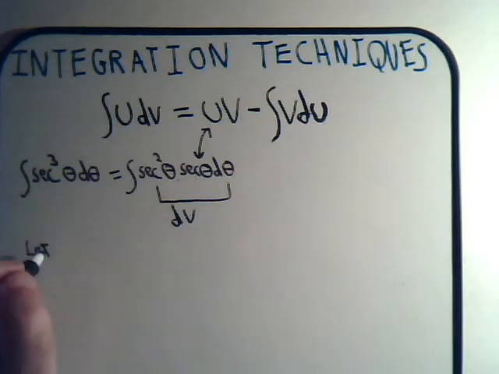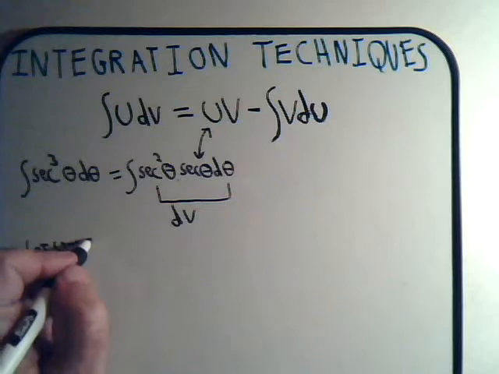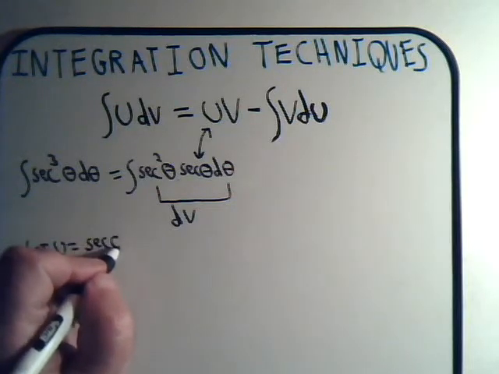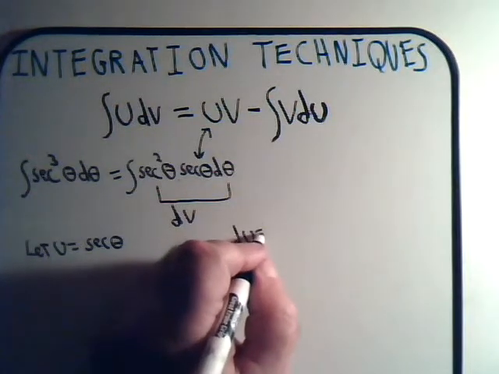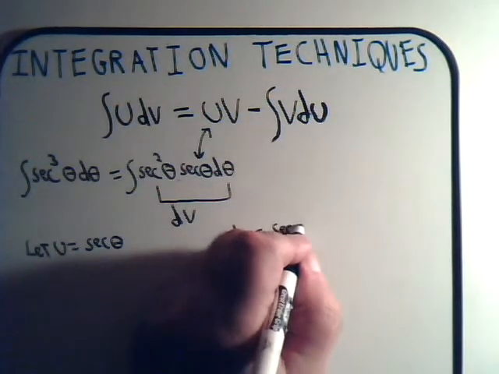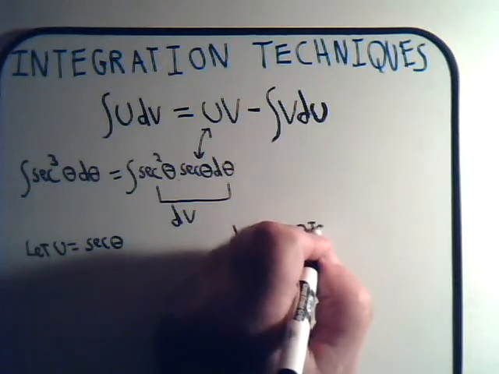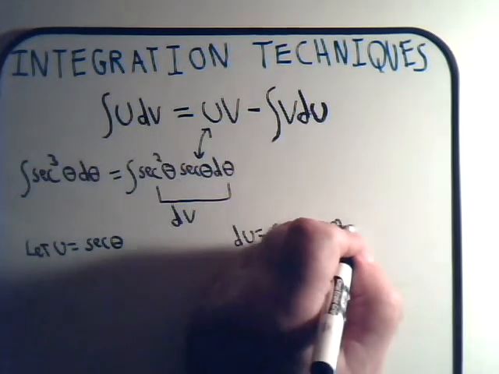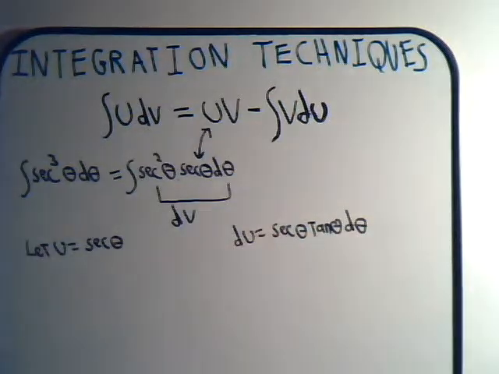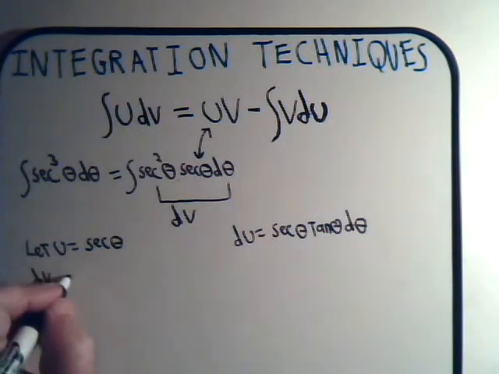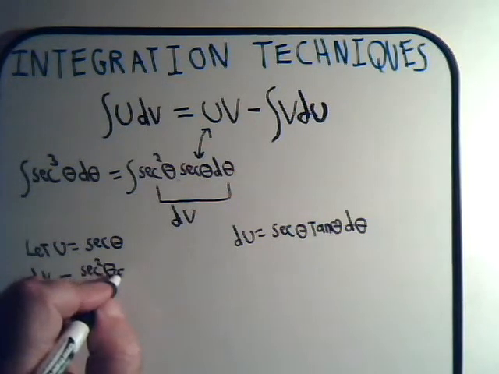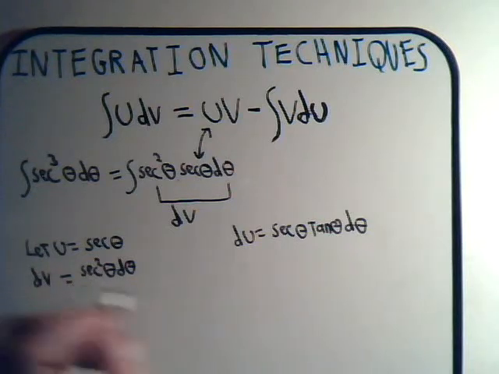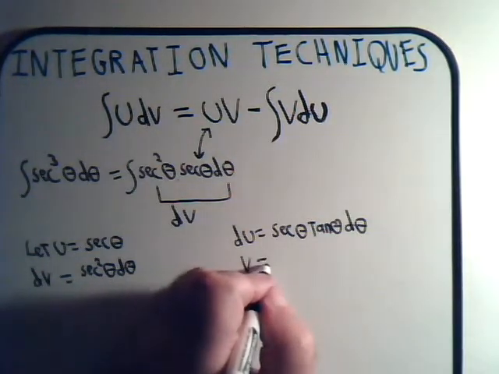If we said we're going to let u equal secant of theta, du is the secant of theta times the tangent of theta d theta, and dv is the secant squared of theta d theta. V is just the tangent of theta.